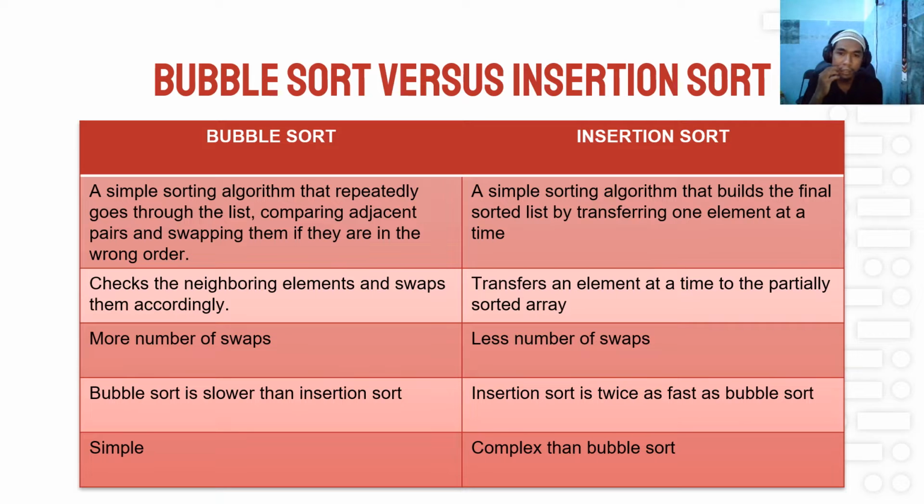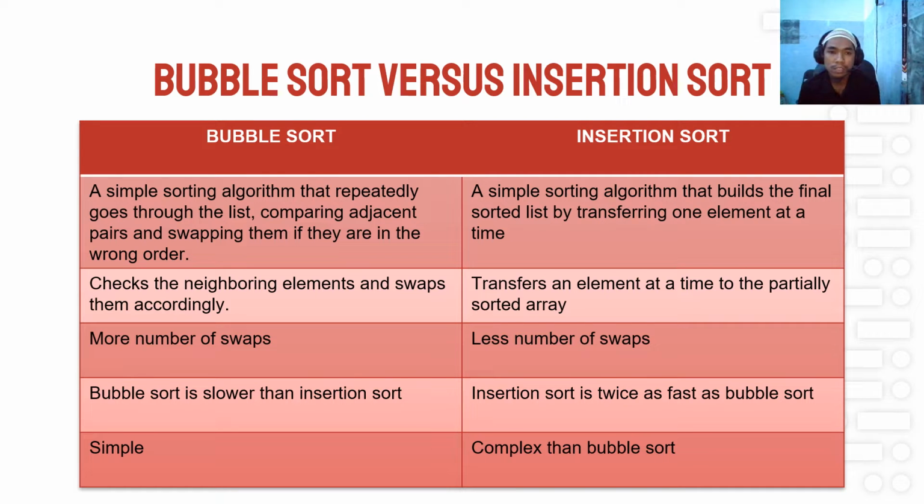But insertion sort is a simple sorting algorithm that builds the final sorted list by transferring one element at a time. Next, bubble sort checks the neighboring elements and swaps them accordingly. But for insertion sort, it transfers an element at a time into a partially sorted array.